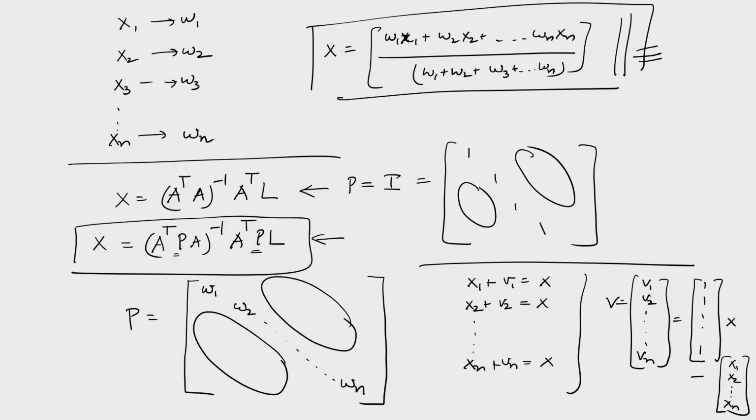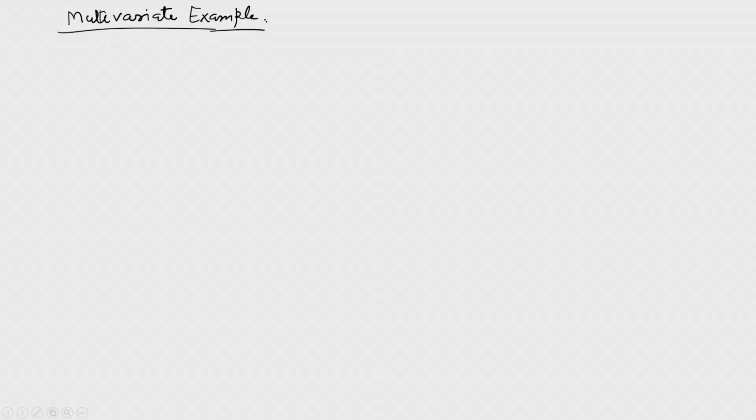Let us take a multivariate example. So what is the meaning of multivariate? So far we have taken a single output variable. Let us see that I have an image here and I want to georeference this image to a map.